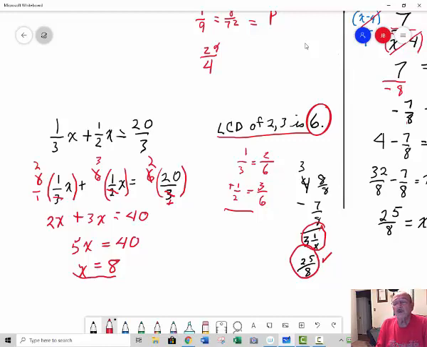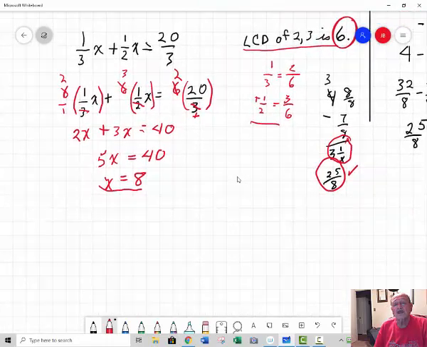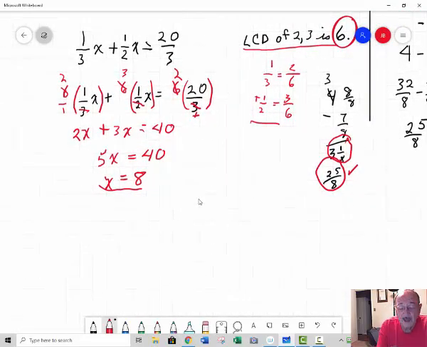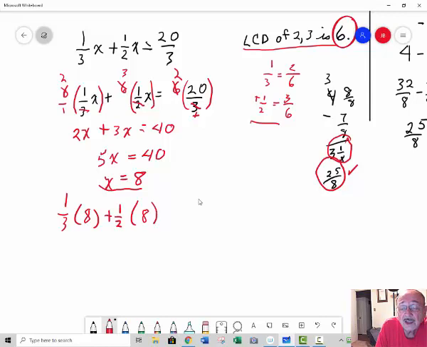Just for curiosity, I hadn't planned to, but let's take a look at checking it. If I have 1/3 of 8 plus 1/2 of 8, is that 20 over 3? Wow. Let's see, what's 8/3 plus 4?